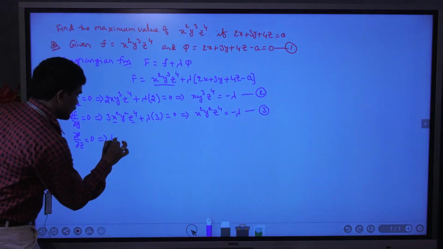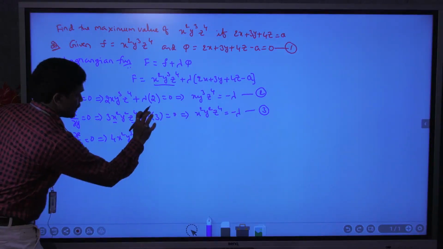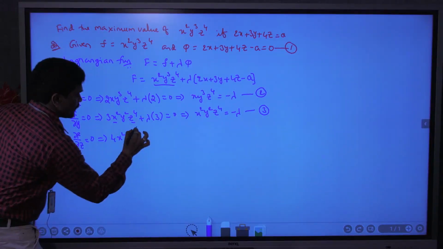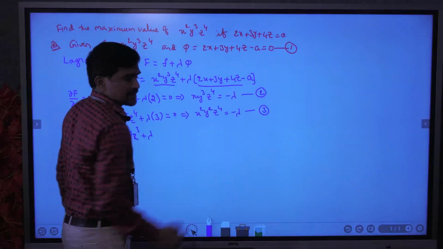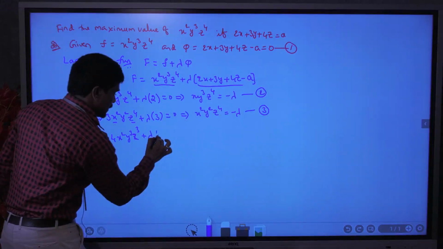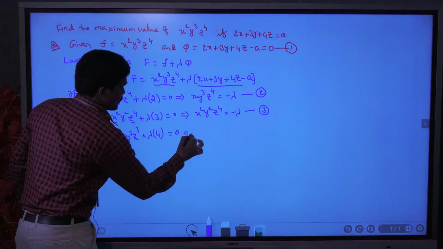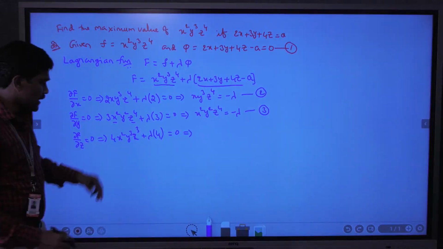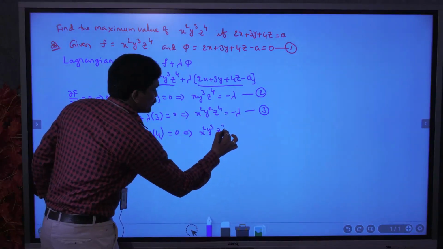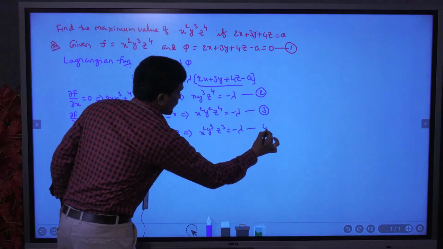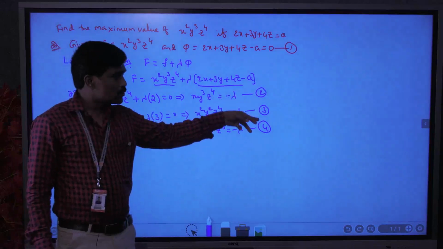So write 4 x square y cube z cube, plus lambda into the derivative of this function with respect to z, where x and y are constants, clearly 0, and the derivative of 4z is 4, is equal to 0. Now again 4 cancelled, and the remaining term x square y cube z cube is equal to minus lambda. This is equation 4.